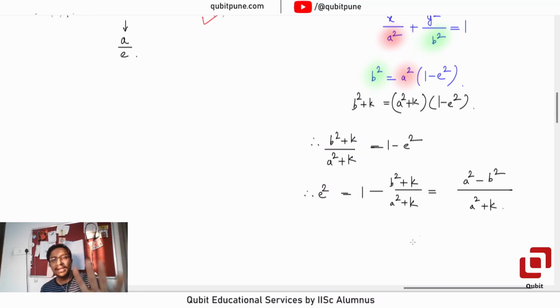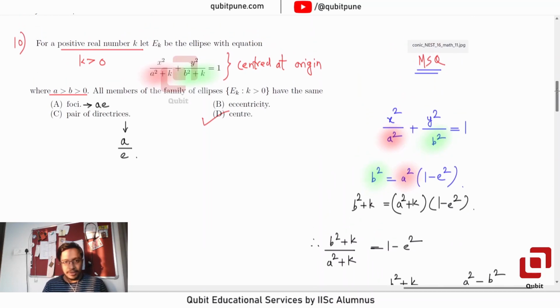Now what you realize is that eccentricity is a function of k. So do you think that eccentricity will be constant? No, eccentricity will not be constant. So option B is gone, because it depends on k.